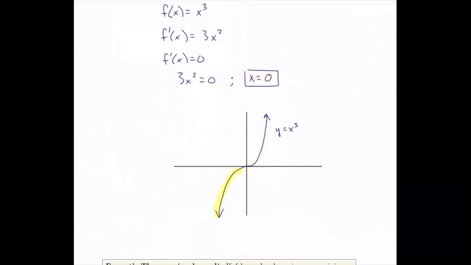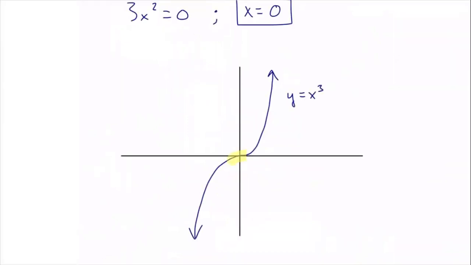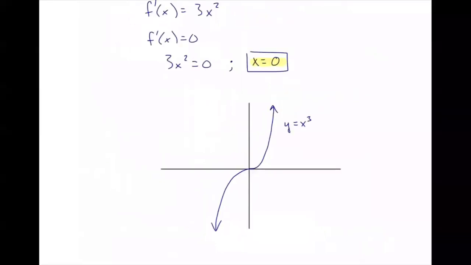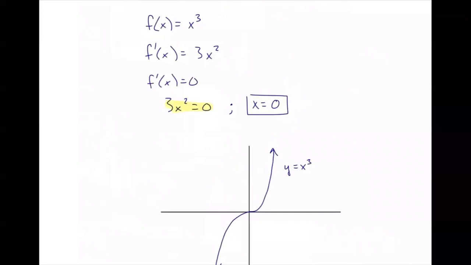And it has this end behavior on the left and this upward end behavior on the right. Well, if I look, this is neither a local max nor a local min. I might be a little bit disappointed if I was hoping for a local max or a local min, but hopefully I'm not confused that it doesn't have one. It has a critical number, x equals 0. That's a number that makes its derivative 0. So it's a critical number.